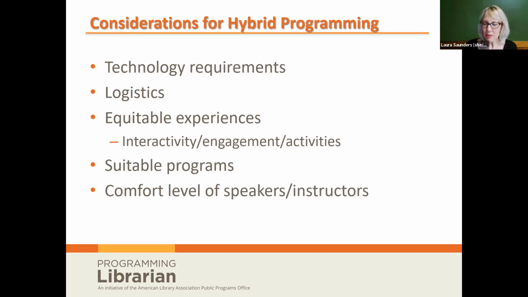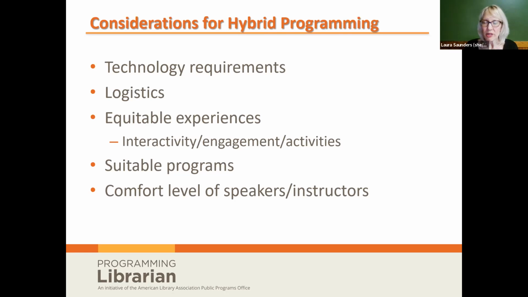So if we're thinking about hybrid programming, there are a few considerations that we're going to have to keep in mind. The most important is technology requirements. Now, because many of us did pivot to that online programming, we may feel that we've got a lot of the technology in place, but hybrid programming can require some slightly different or additional technologies than what we had for straightforward virtual programming.